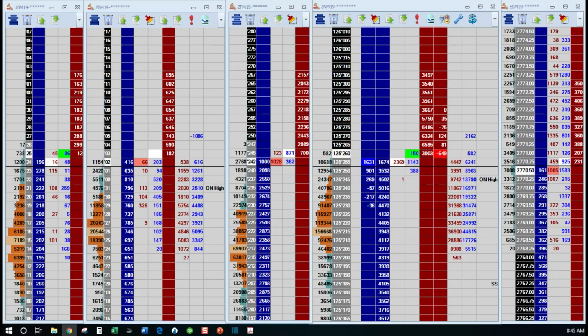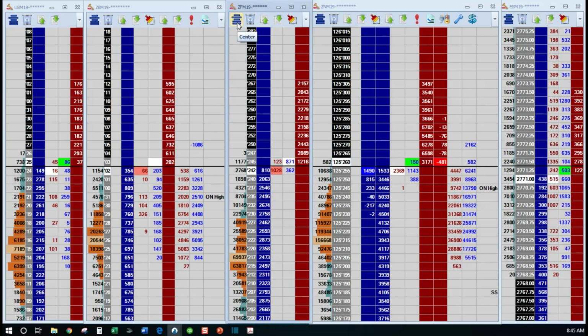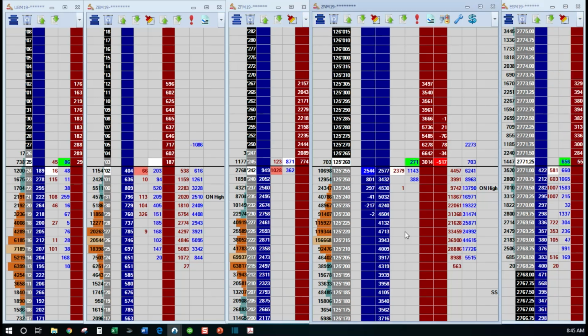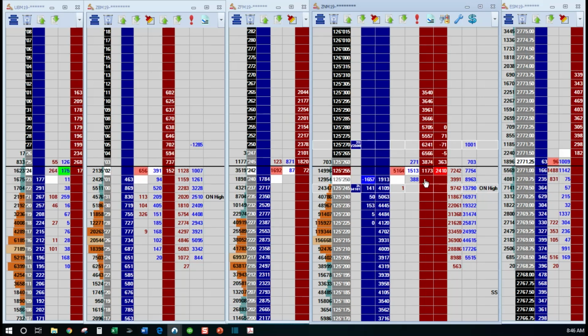I think the only trade here might be just buying support. So we'll take a shot here, see if we can fade this back down.